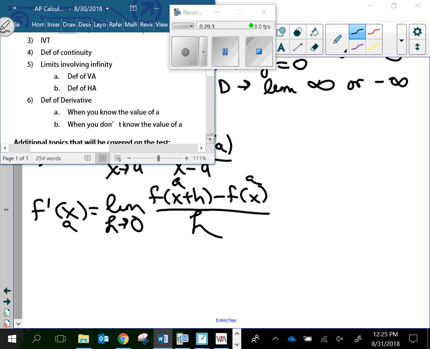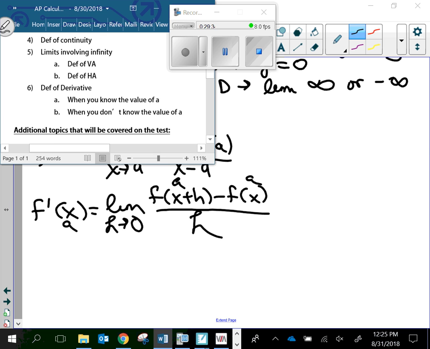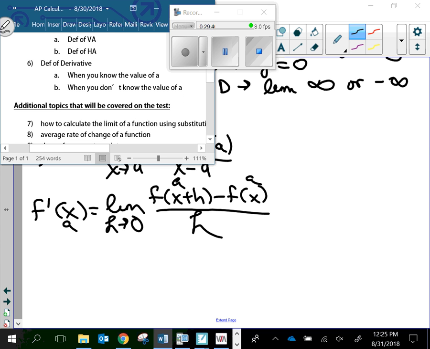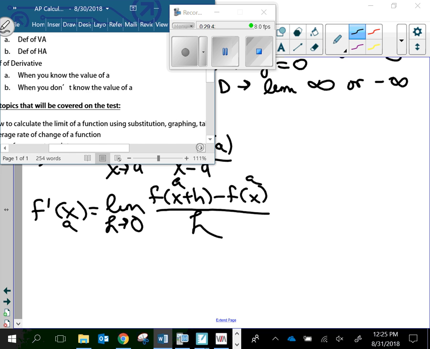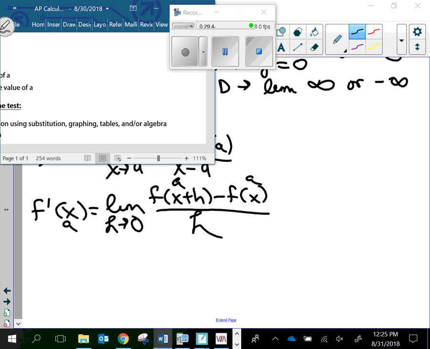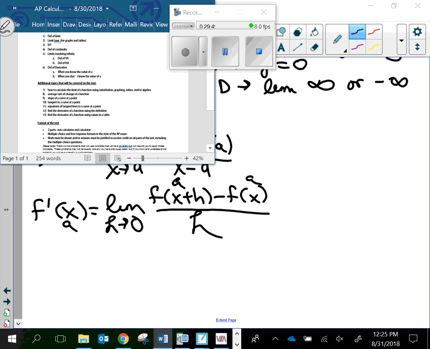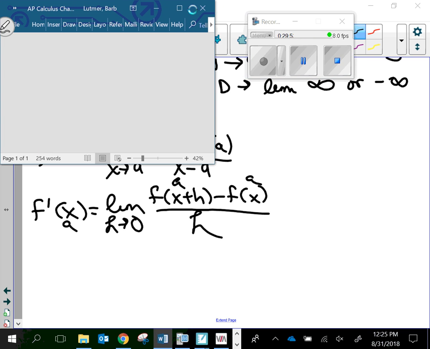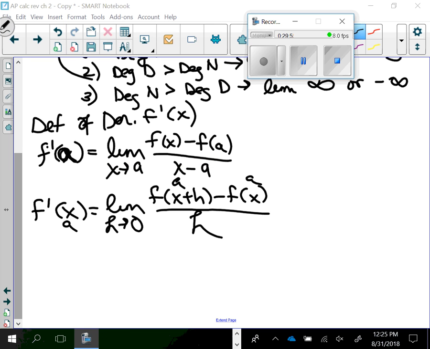Okay, so those are your things that you need to know. Pretty solid. All right, how to calculate the limit of a function using substitution, graphing, tables, and or algebra. And I got some problems here. We'll get into those.